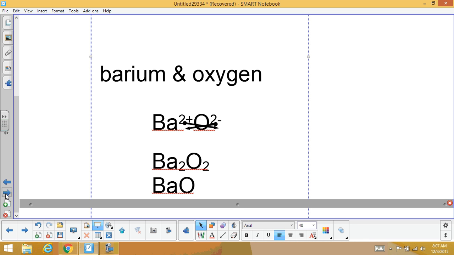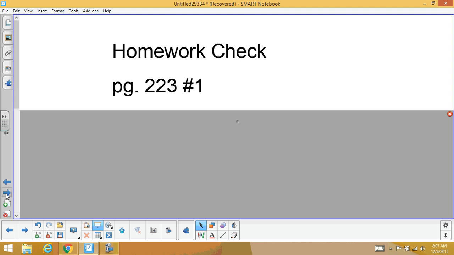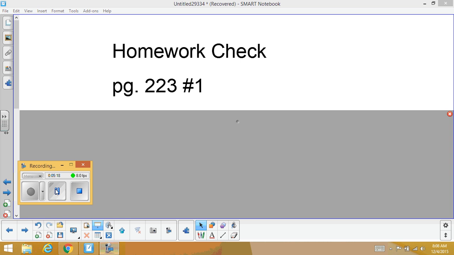The next set that I want to check is page 223, number 1. There are 5 of them, and let's go through all 5 of them. Please pause this if everybody isn't at that point, because I want to make sure everybody has a good understanding.